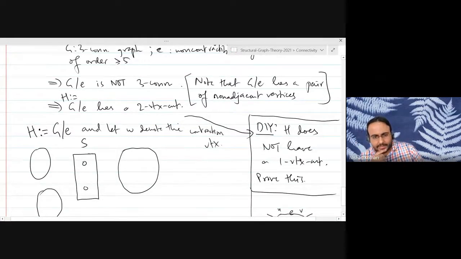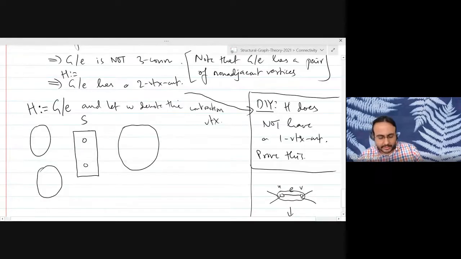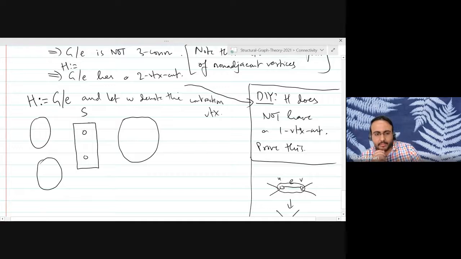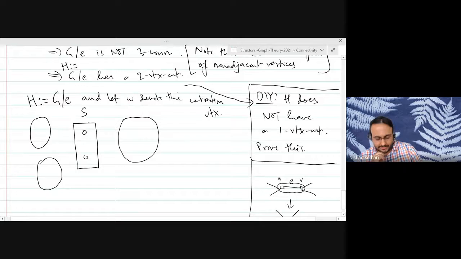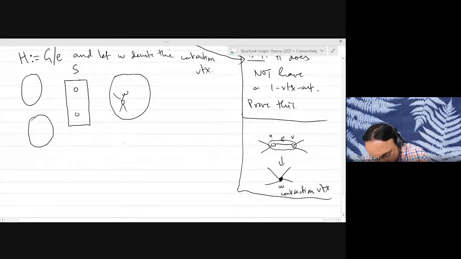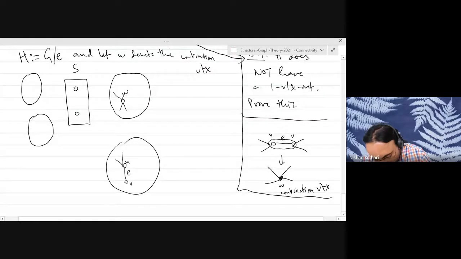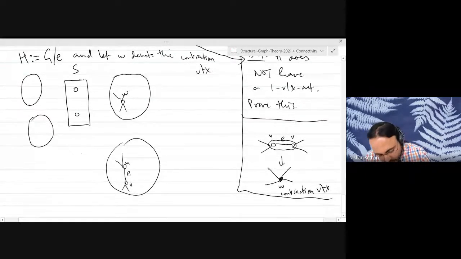So where is this contraction vertex? Can anybody tell me? Where should this contraction vertex be in the picture? In S. Exactly, you're right. Because if the contraction vertex is here, for example, then think about what happens in the original graph. In the original graph, you would replace W by the edge E, and all its edges would look like this, which means that S would still be a two vertex cut.